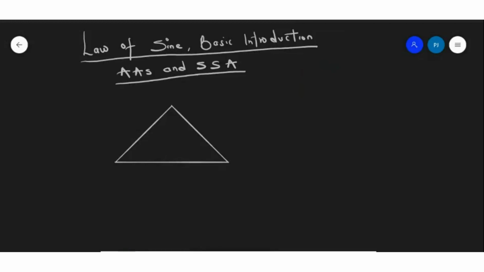So let's imagine, for example, this is side A, and this will be side B, and at the same time, this will be side C. So it's ABC.